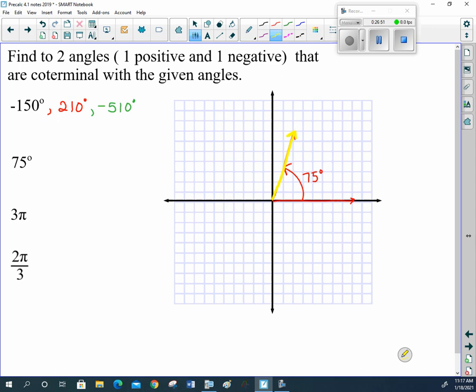But I want to rotate the other direction. So that means I want to go negative how many degrees? Well, 360 minus 75 is 285. So this is a negative 285. And then if I want another positive coterminal, then I'm going to go around 360 plus 75. That's the minimum one. And we have 435.